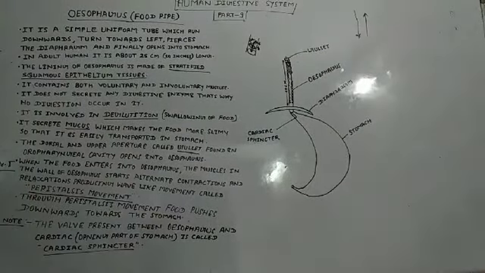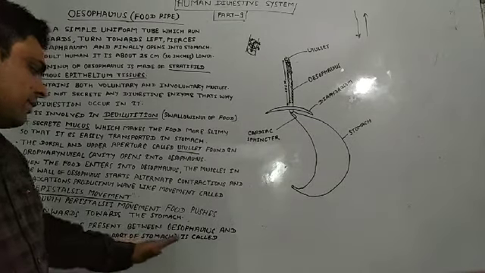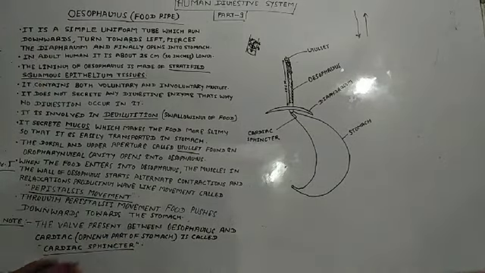Next point, I have written a note here that the wall present between the esophagus and the cardiac opening part of the stomach is called the cardiac sphincter.